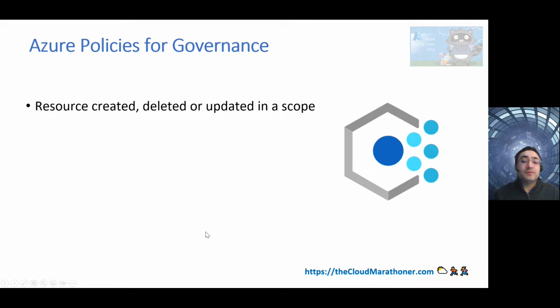So the first one is when a resource has been created, deleted, or updated in a scope with a policy assignment, right? And as a scope, you can think about, for example, a management group scope, or it can be a root scope, or it can be an actual subscription as a scope where you deploy your policies.